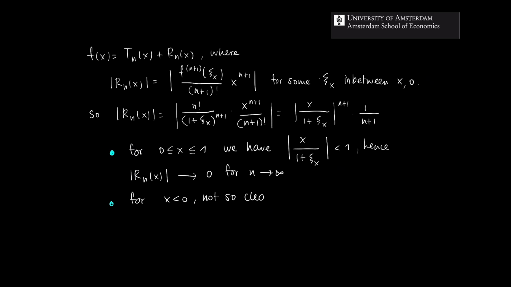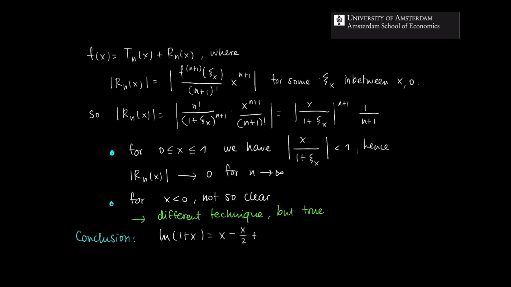It's not clear whether or not x divided by 1 plus psi(x) is smaller than 1, right? But we may show, using a different technique, by integration of some other power series, some other Taylor series, that indeed we always have the identity: the log of 1 plus x equals x minus x^2 divided by 2 plus x^3 divided by 3, etc., on the complete interval, left open minus 1, right closed 1.